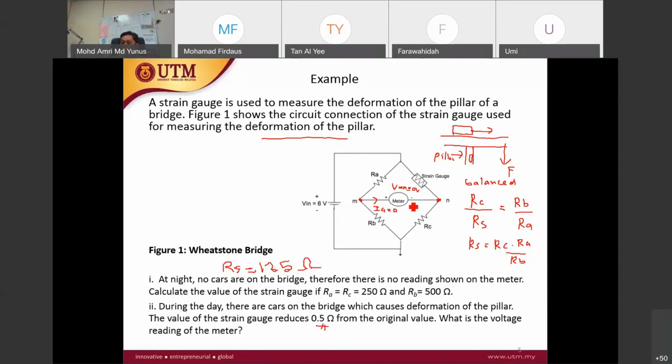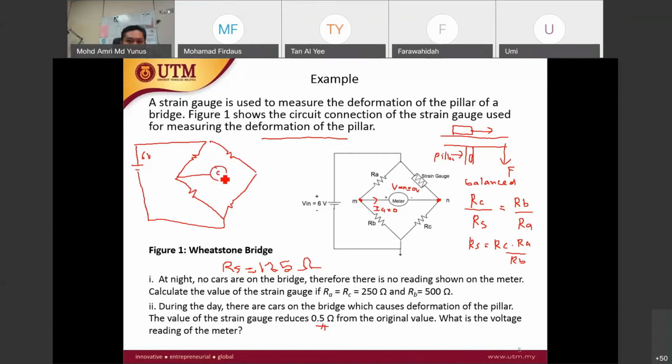There is one piece of information missing here. But anyway, when it's not balanced, the supply is 6 volt, so VMN is not equivalent to zero.